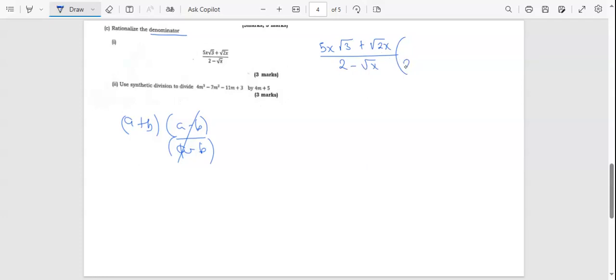The conjugate of this will be 2 plus root of x. So the same thing, I'll say 2 plus root of x over 2 plus root of x. You see, this is 1. So I'm just playing, there's nothing I'm doing. I just want to change the nature of the expression, but the equation is still the same. I've changed nothing in the question.